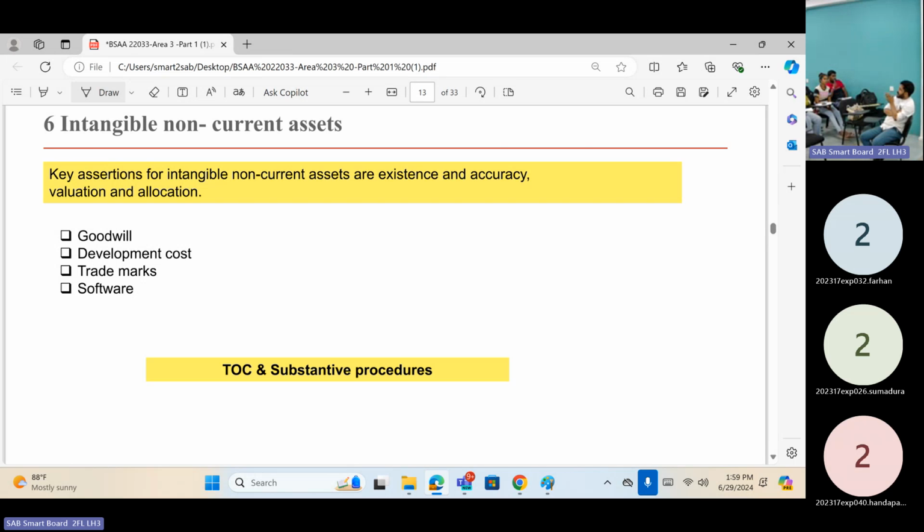We don't have the customer list here. Should one company capitalize its customer list? No, you can't. But it's a kind of asset to the organization. Asset means, because of this customer list, we have future economic benefits, obviously.